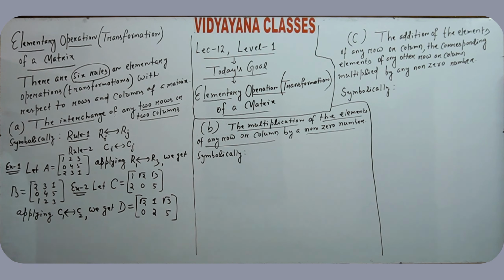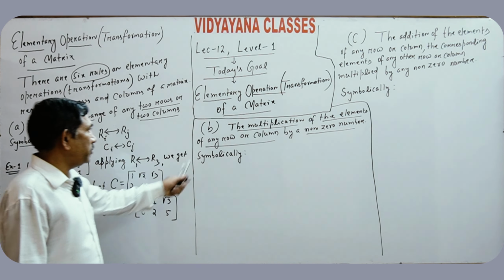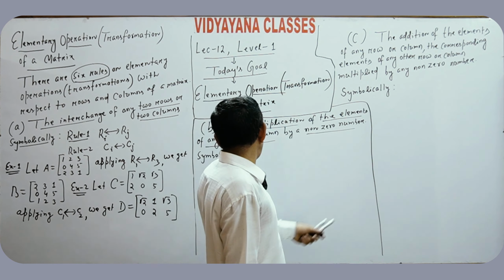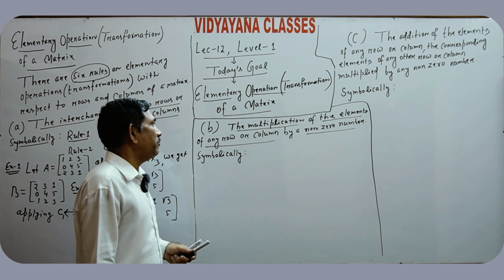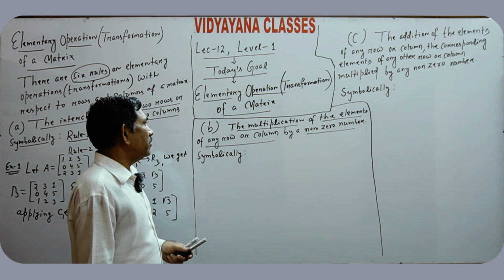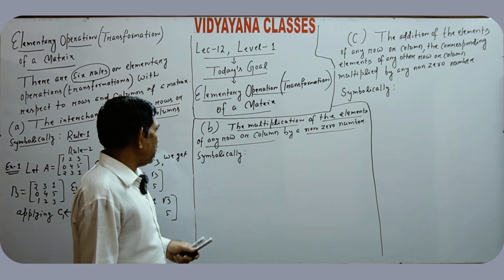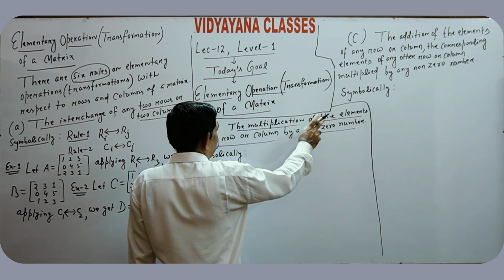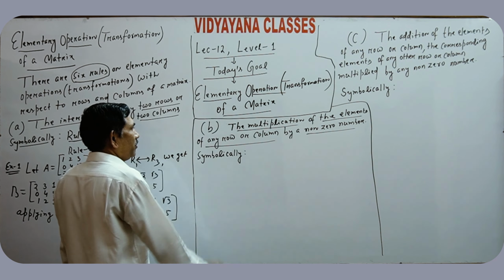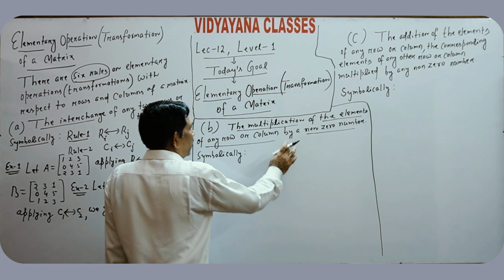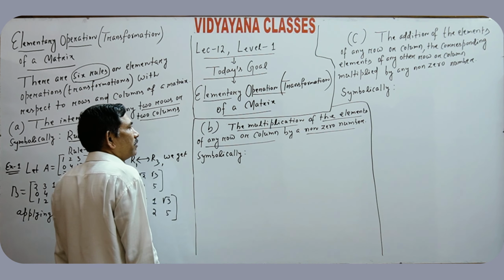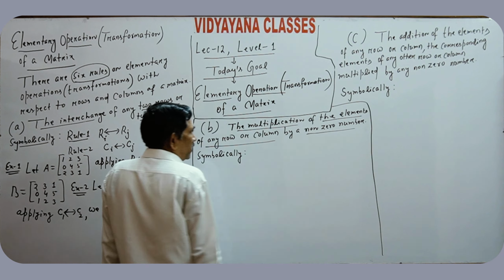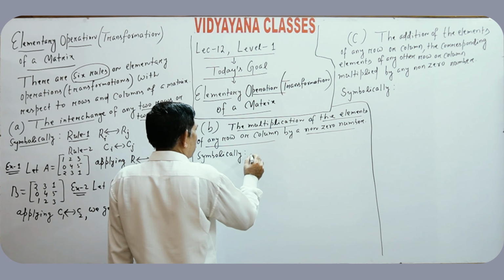Clear? Okay. Next, B: the multiplication of the elements of any row or column by a non-zero real number. Symbolically, it is written as the multiplication of the elements of any row or column by a non-zero number. That means real number.